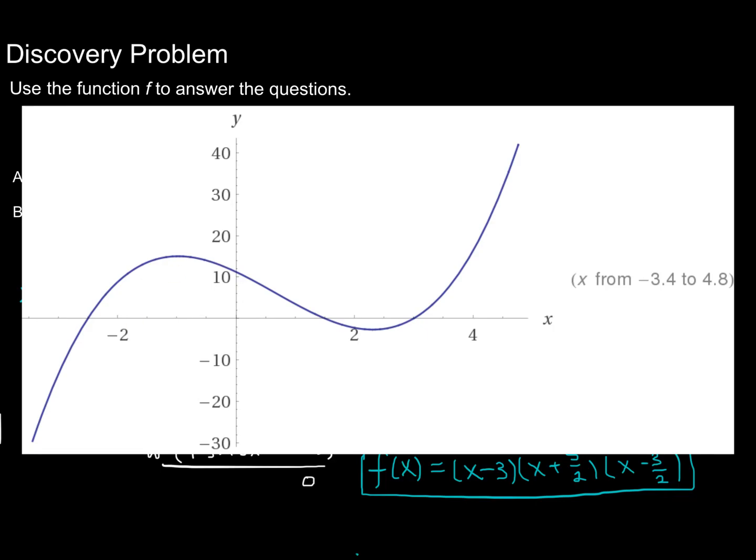I could use my sign chart to figure that out if I needed to by plugging in a value in between negative 2.5 and 1.5, perhaps 0, and seeing that it will be positive. I could plug in a value between 1.5 and 3, perhaps 2, and see that it will be negative there, and that could help me figure out what happens in between as well.